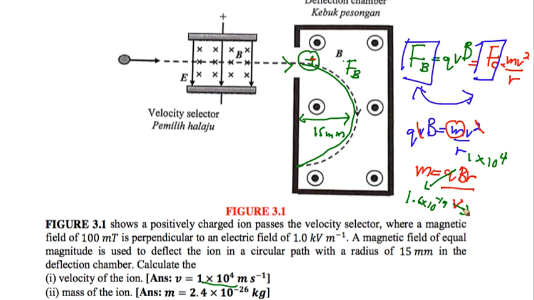This is the V. And B is the same value as the B here, 100 millitesla, milli is minus 3, and the radius R is given as 15 mm, converted to meters is minus 3.